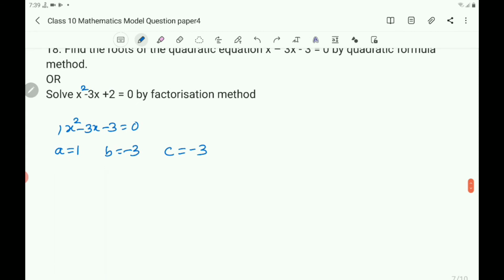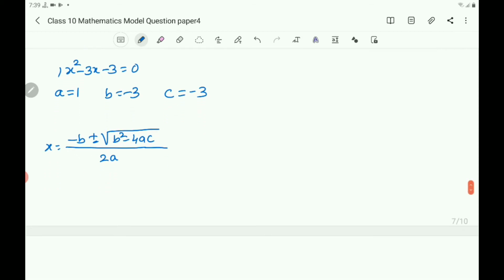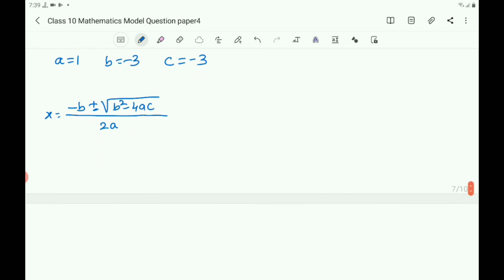Then write x equals minus b plus or minus whole root b square minus 4ac by 2a.